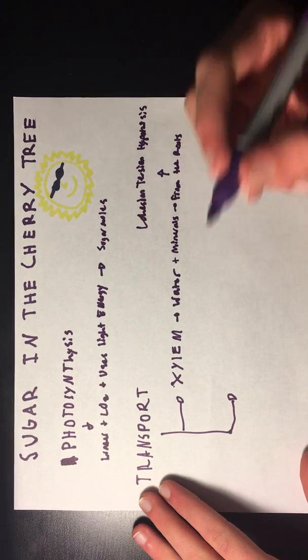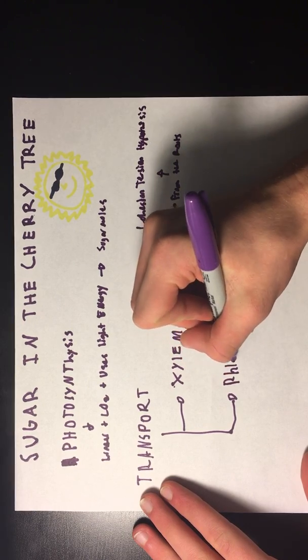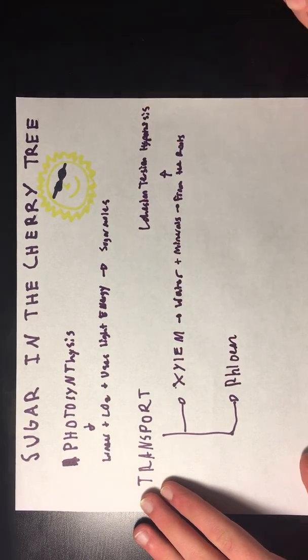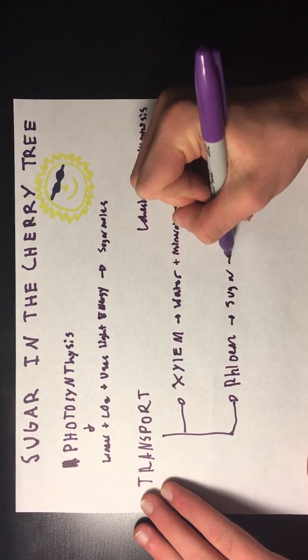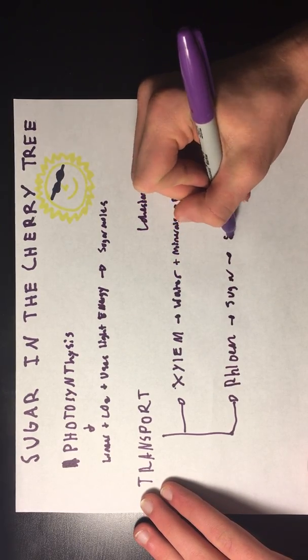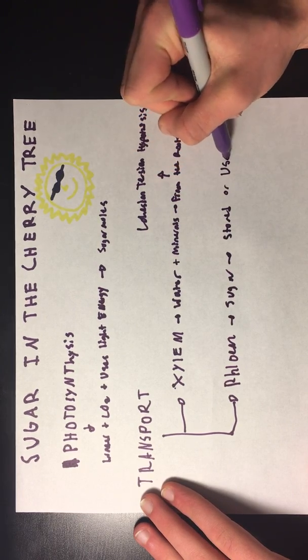Now, sugar, on the other hand, is transported in the phloem. And the phloem transports sugar. Now, this is going to get either stored or used pretty immediately.